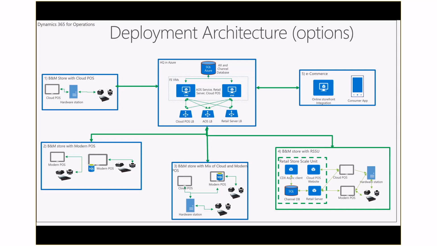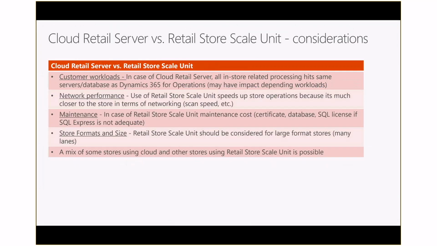With each of these architectures, there are various considerations that we need to use in the implementations to choose the right architecture for the customer. So we wanted to dive into each of these considerations and look at what factors and requirements would determine the right architecture for the customer.